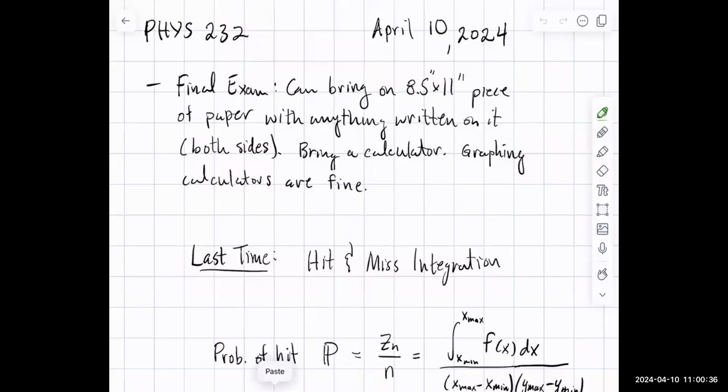Okay, and then the other thing I wanted to say is that I have now finished marking the assignments and I have in Canvas calculated your final assignment grade and then your final pre-lab and lab grades. So please just have a look at all of your grades in Canvas and let me know if there's anything that you think is an issue, like a missing grade or an incorrect entry.